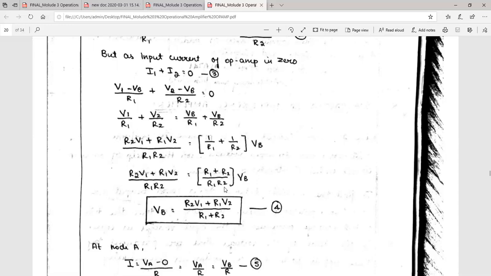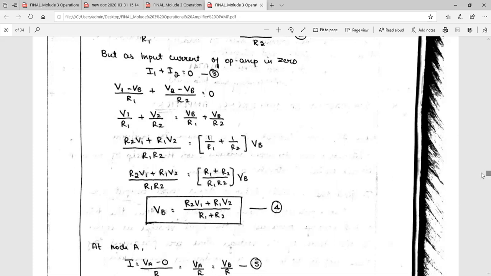When we cancel out the denominators, the expression for VB will be R2 V1 plus R1 V2 divided by R1 plus R2. So we have got the expression for VB.